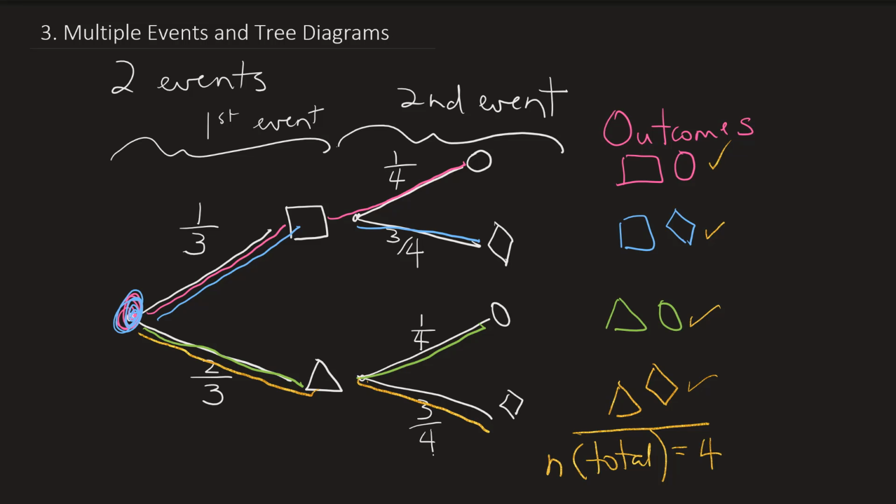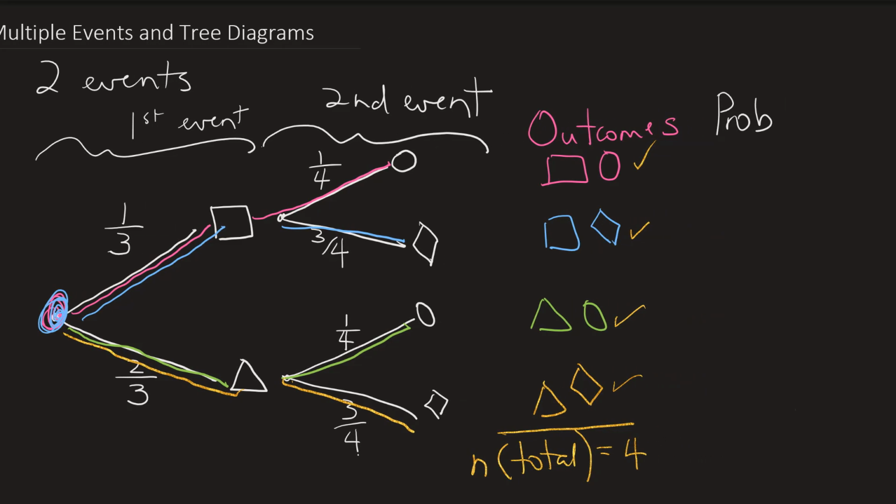Now the last column I'm going to write down is the probability column. Let me just slide this across a little bit. Now to get the probability, I am going to start following the branches again. And as I move along the branches, I'm going to pick up the probabilities that are listed there. So this first one, as I move along the first branch to get to the square, it is 1/3. And I move along the pink line again and a quarter.